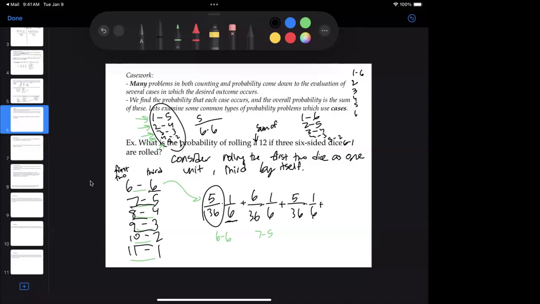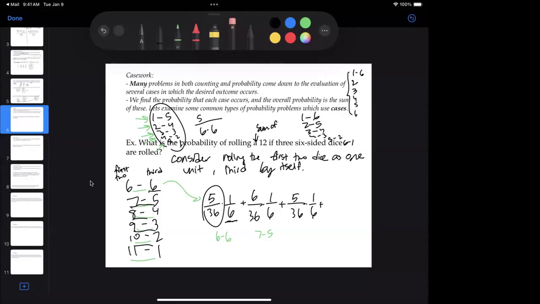Yeah, I think that's the best way to do it for these simpler problems. For harder questions, you can enumerate it because for 7 you can go from 1 to 6. For 8, however, you can't do 1, 7, so you have to go from 2 to 6. Okay, yeah, I got it. Thank you.